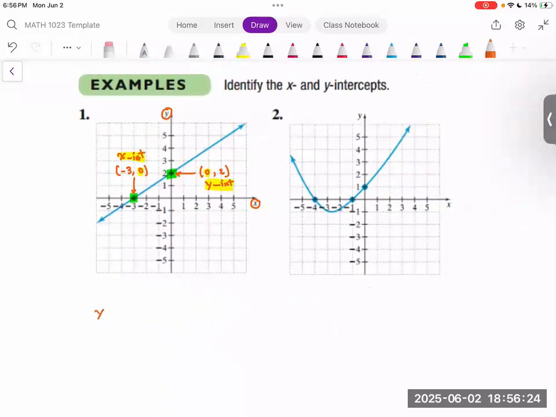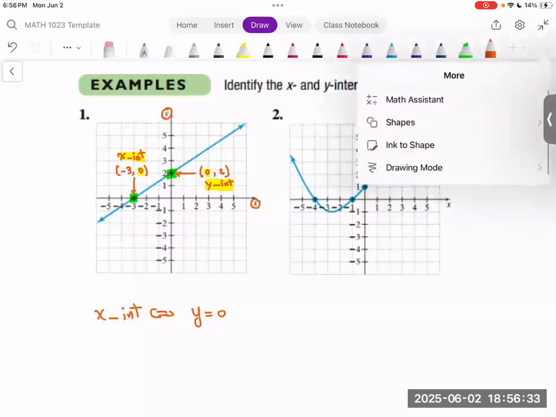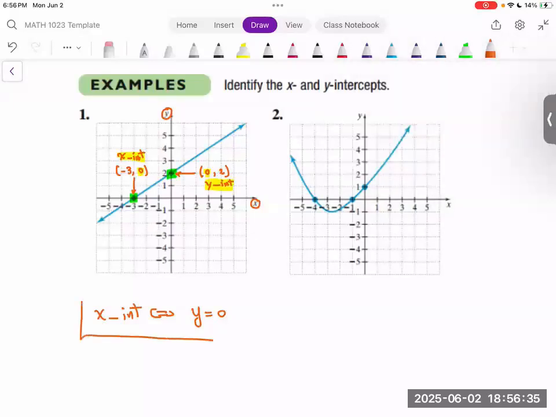So let me write down the property a little better. If I'm looking for the x-intercept here, this is equivalent to y being 0, right? And I can box it. I can put it as a formula right now here. Does that make sense? And the same way, if I'm looking for the y-intercept, which one is going to be 0?